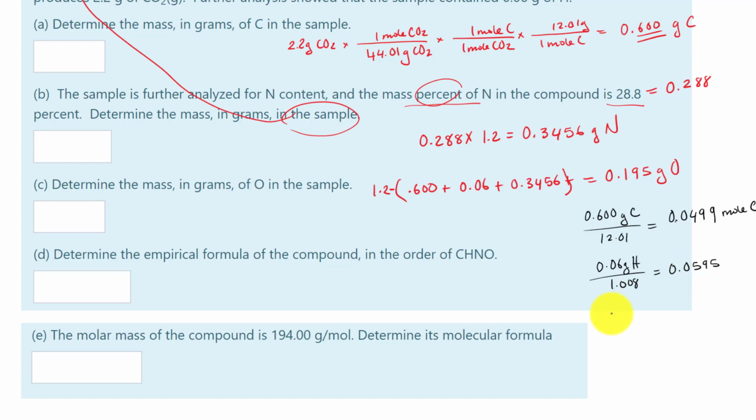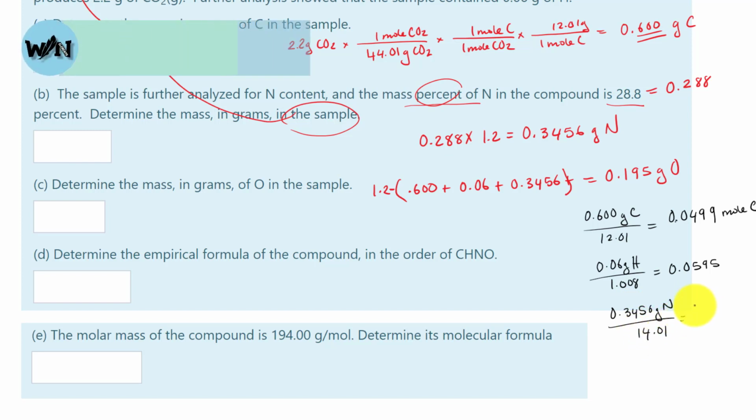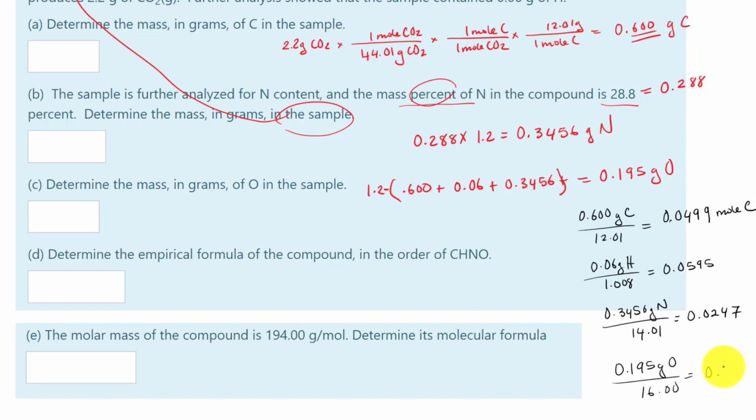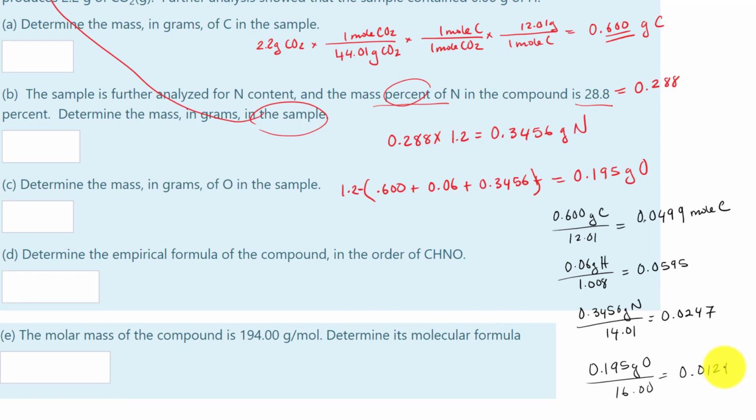Then followed by nitrogen. 0.3456 grams of nitrogen divided by 14.01 turned out to be 0.0247. Again, these are all moles. And lastly, oxygen, which we just found right here. 0.195 grams of oxygen divided by 16.00 turned out to be 0.0121. And now which one's the lowest one?